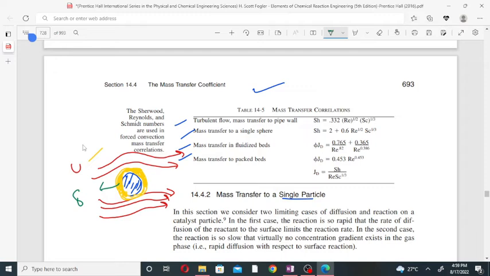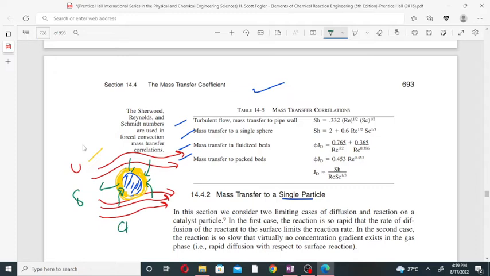In some cases component A will transfer from the surface of the catalyst, and in some cases component A can be transferred from the fluid to the surface of the catalyst. This is the bulk flow.